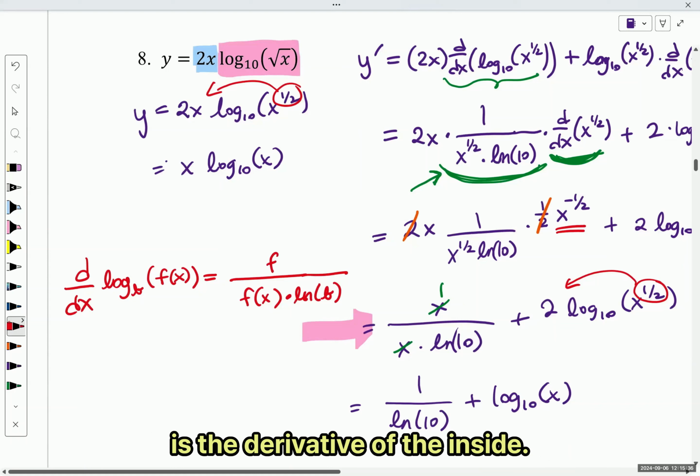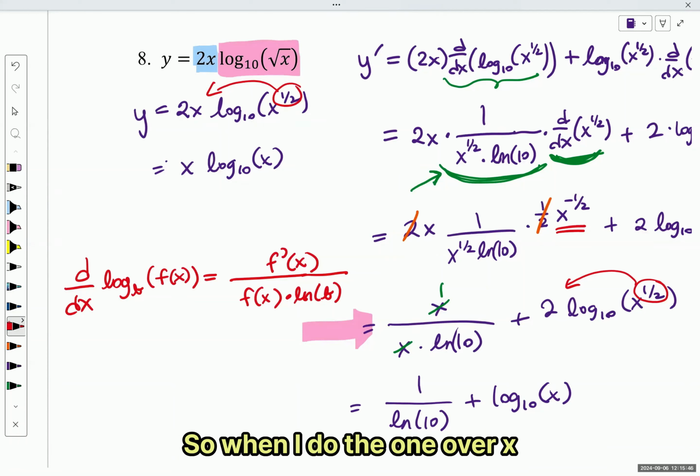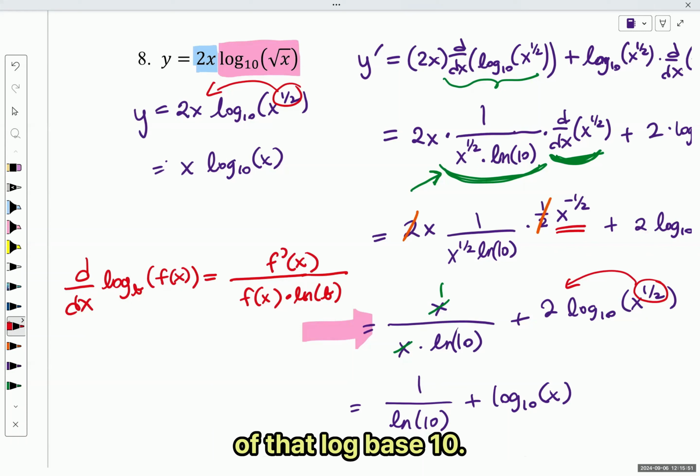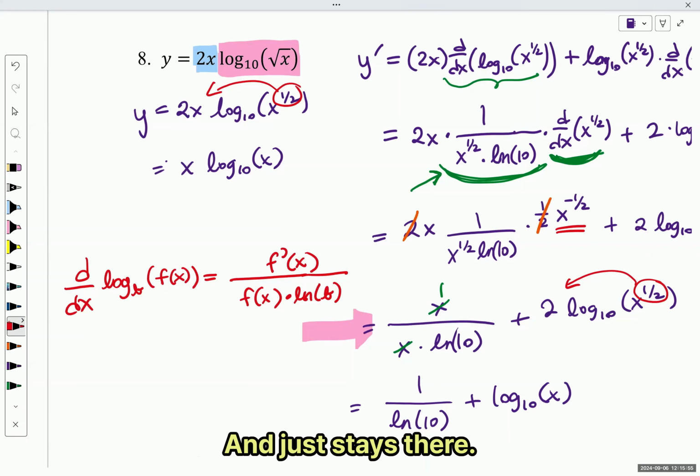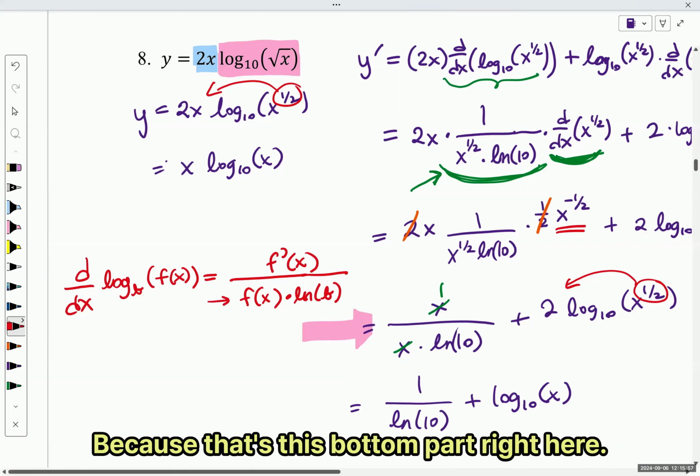On top is the derivative of the inside. So when I do the 1 over x to the 1/2 natural log 10, that's part of the derivative of that log base 10. So I am taking the derivative. It just stays there. Because that's this bottom part right here.